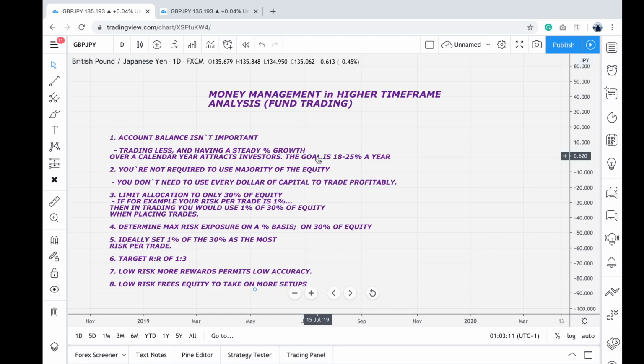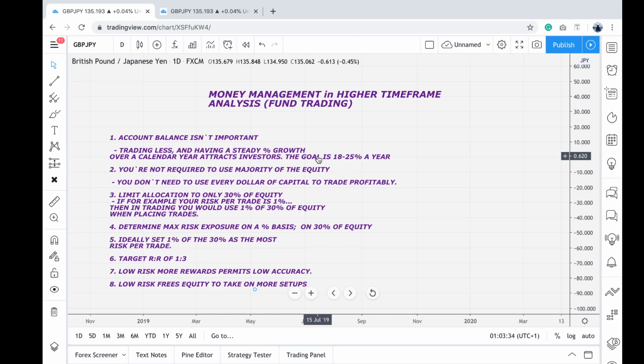There's always a probability that you could lose your money on that trade. So to curb that risk, you need to reduce the equity you want to use to trade by taking only a certain percentage of that equity to trade the market.